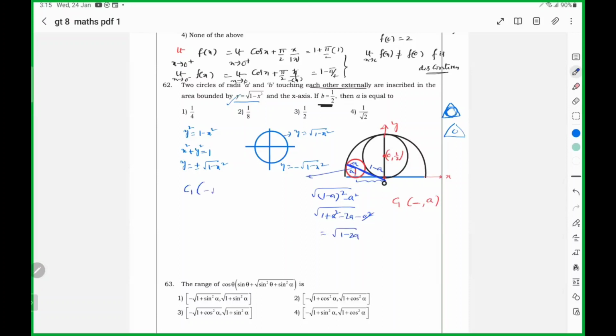That center becomes this, and another circle center, since they touch externally each other. So here it is a minus half whole square. R1 is a, other R2 is half.